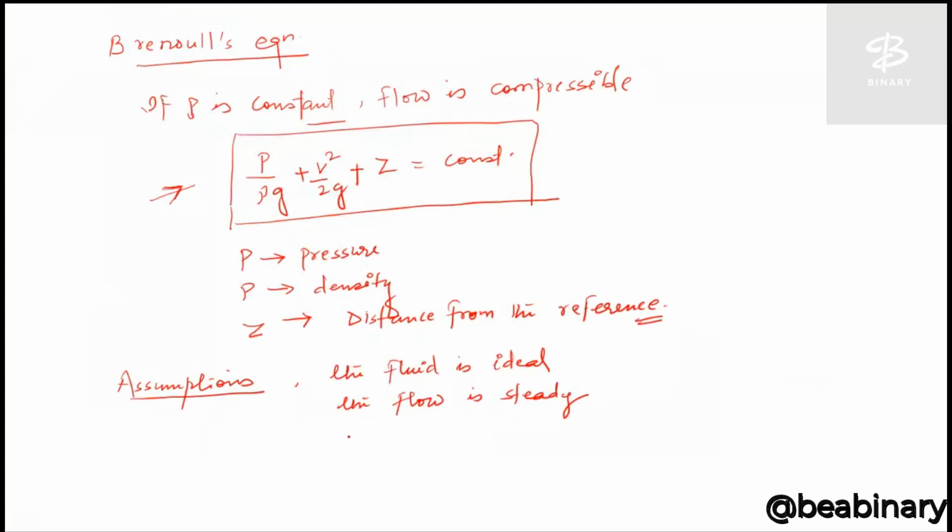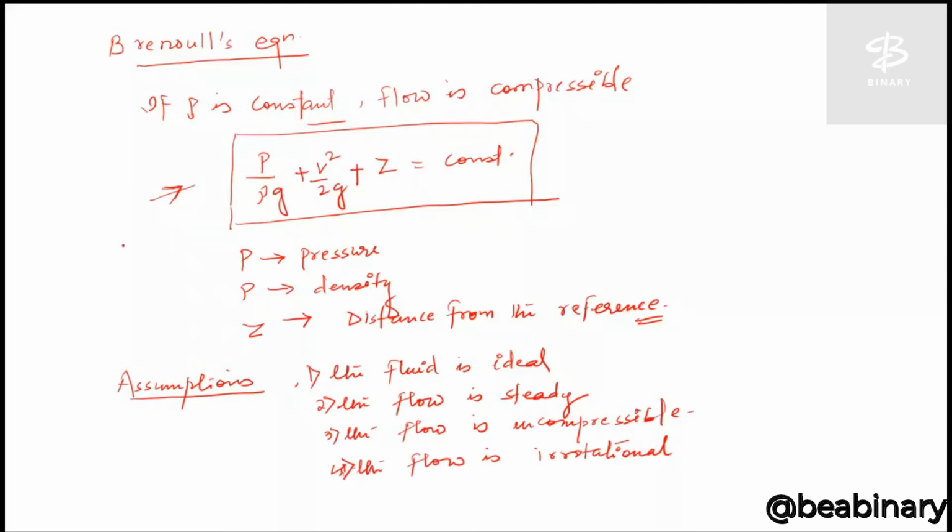Next is, the flow is incompressible. And the last one is, the flow is irrotational. So these are four assumptions that must be followed to derive the Bernoulli's theorem.